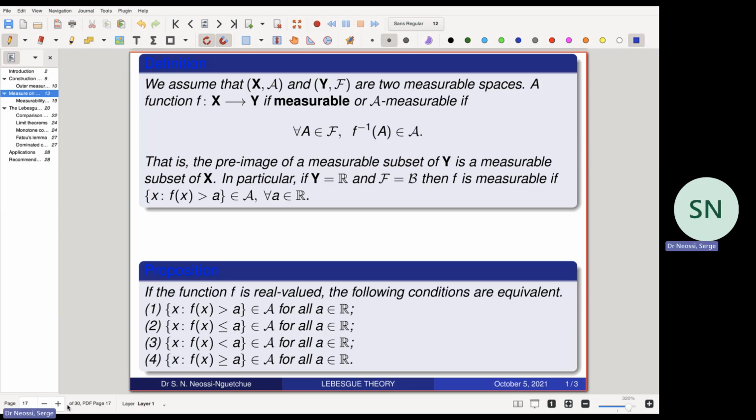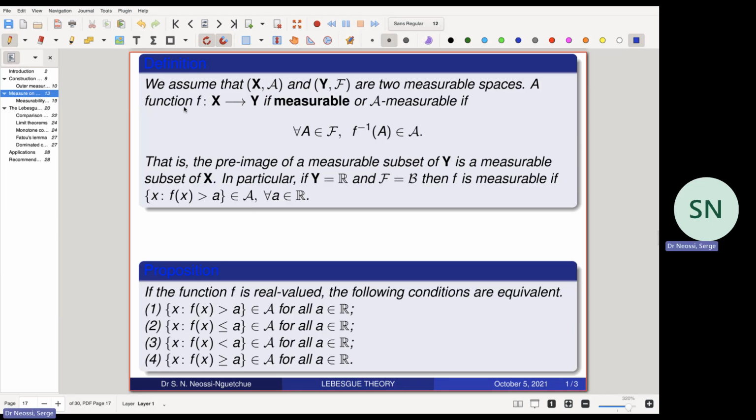If you recall, when we introduced the concept of Lebesgue theory, we saw that the function under the integral sign should be measurable, right? We mentioned measurability, and we are going to define what it means for a function to be measurable. So we assume that we have two measurable spaces: the first one is the pair (X, calligraphic A), and the pair (Y, calligraphic F).